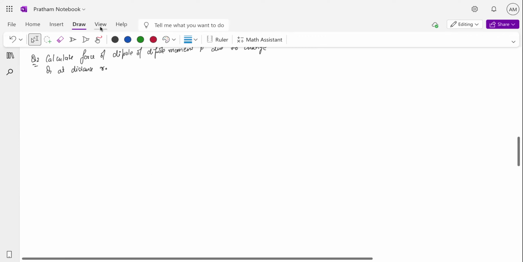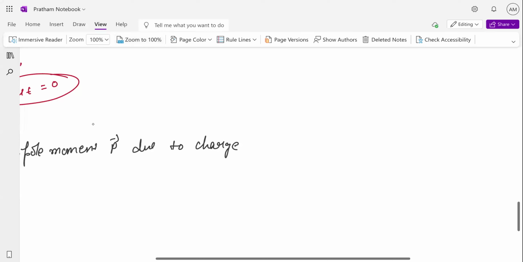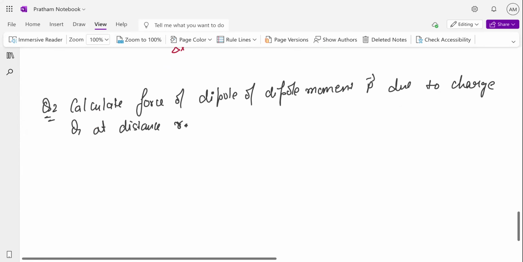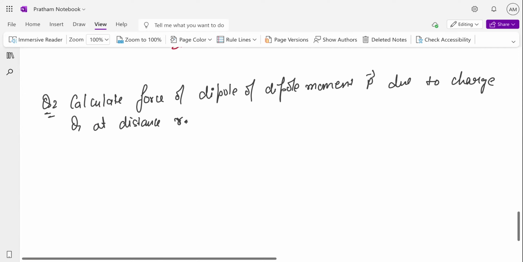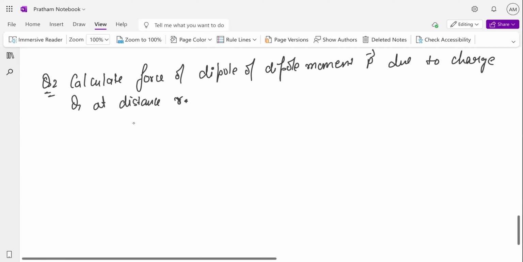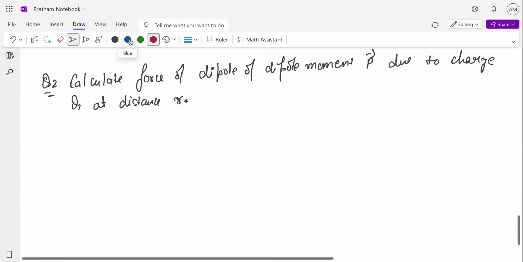So what's your answer? It's going to be 2pkq by x cube. That's fine. How did you solve this? First I used the formula for dipole, that is F equal to dipole moment into dE by dx.